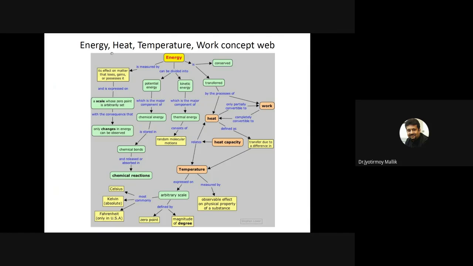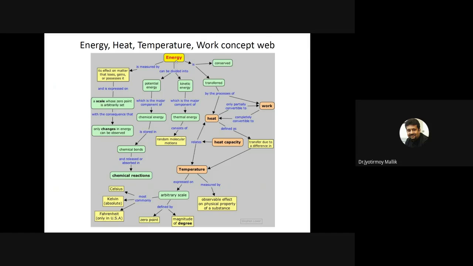Now, this is a beautiful slide which I really like. It shows how energy, heat, temperature, and work are intertwined and correlated with each other. If I take you through this nice workflow, you will understand what we are trying to achieve here.